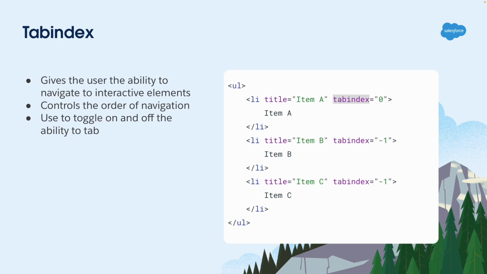So the first list item has the value of 0 in its tab index property, and the behavior that is introducing is making this list item element focusable. So our user can get to it through their keyboard, and they can interact with it.